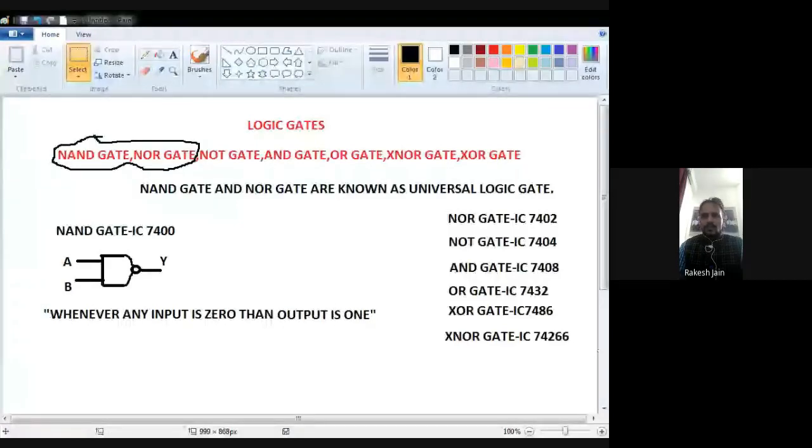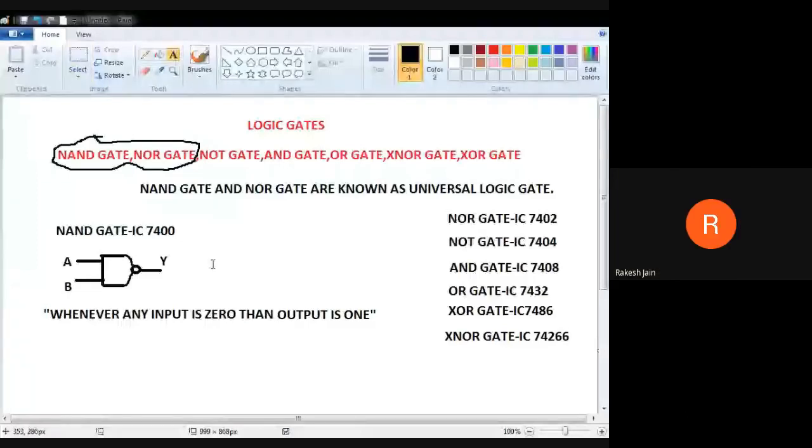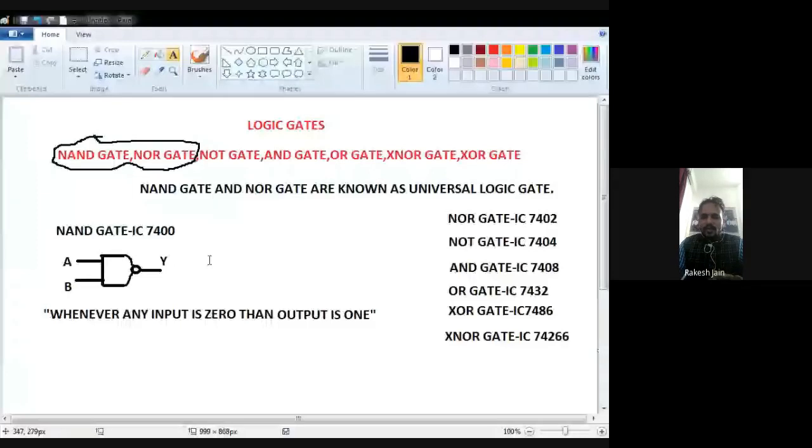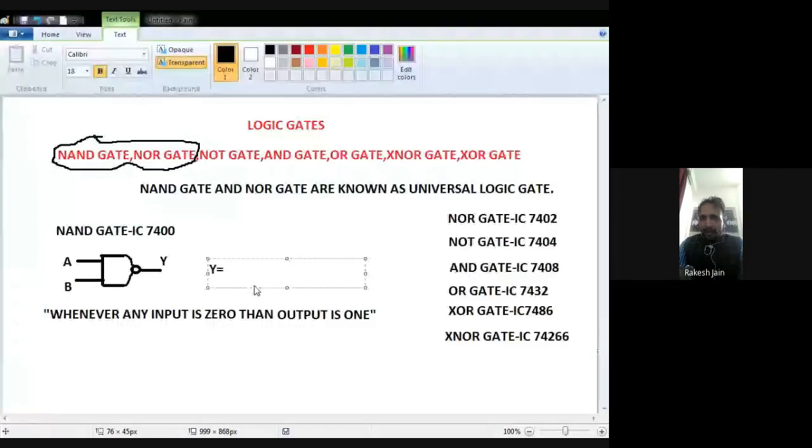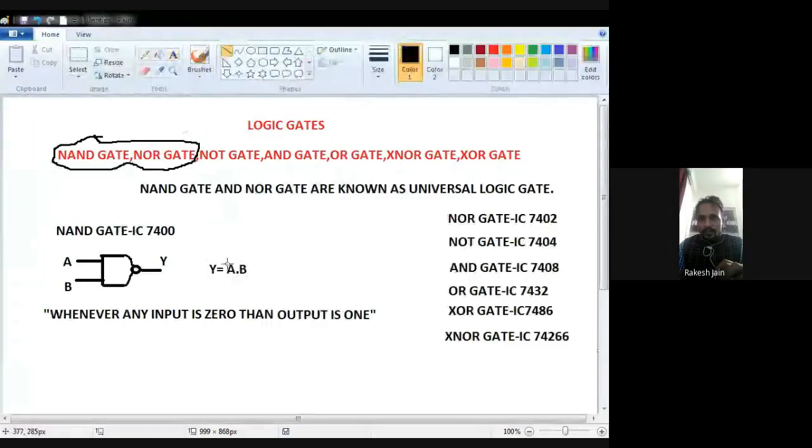Remember, whenever any input is 0, then output is 1. This is the basic definition of a NAND gate.